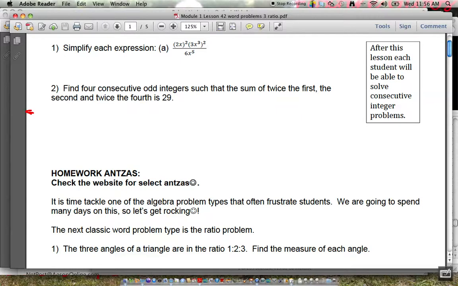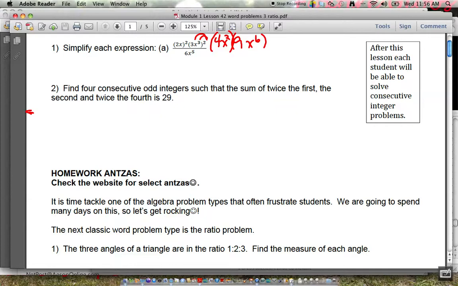So, let's go through, and we talked the other day about the importance of this question. You can only get this question right if you completely understand all of the laws of exponents. So let's go through this step by step. First, I'm going to square 3x cubed, which means I'm going to square everything. So that's going to give me 9x to the 6th. Then I'm going to square 2x, and that's going to give me 4x squared.